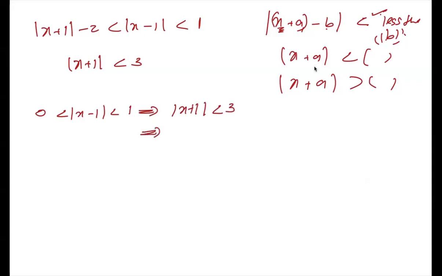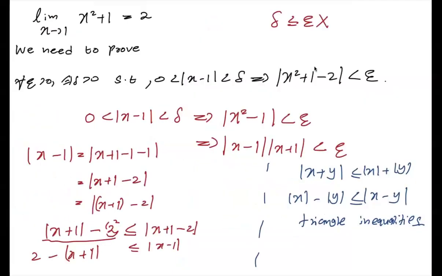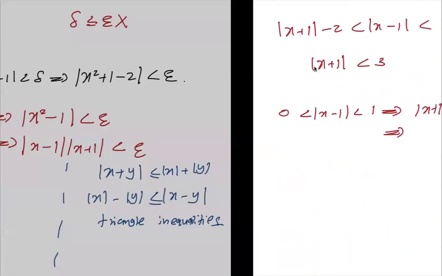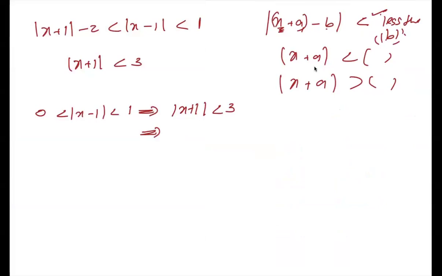And this implies our inequality over there: the absolute value of x minus 1 times x plus 1 is less than 3 times the absolute value of x minus 1, right? Because this is the one that we need to get an inequality for. If we can show this is less than epsilon, then we are done.